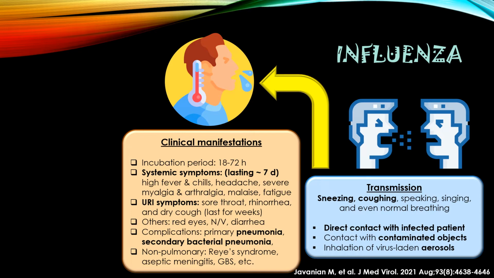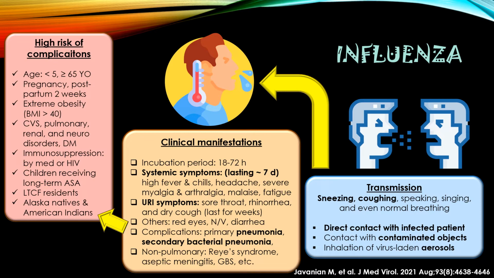About complications, which may or may not coincide with COVID, some susceptible patients may have superimposed secondary bacterial infection. Some patients have immune-mediated complications such as Reye syndrome, septic meningitis, or Guillain-Barré syndrome.